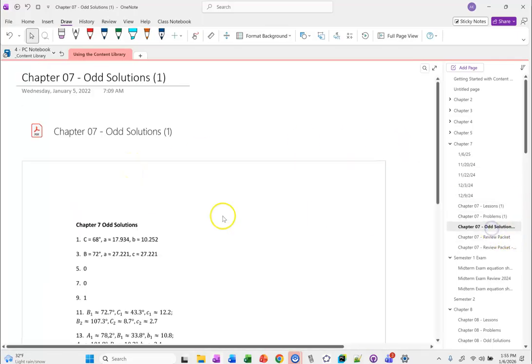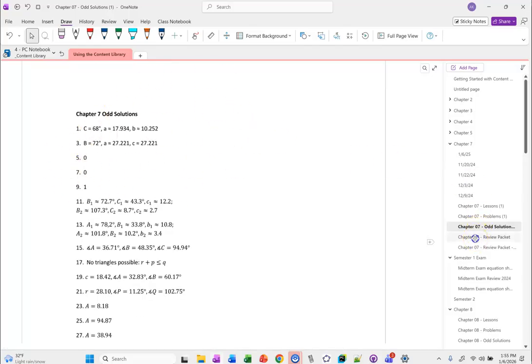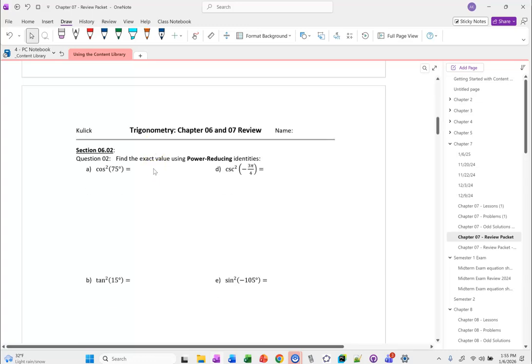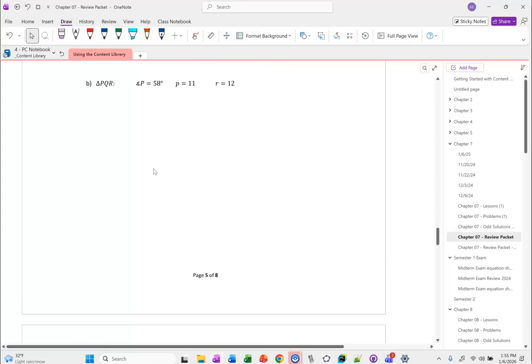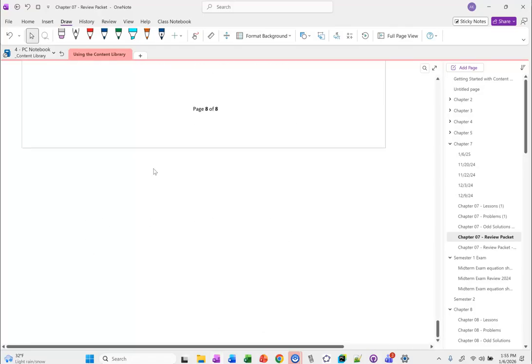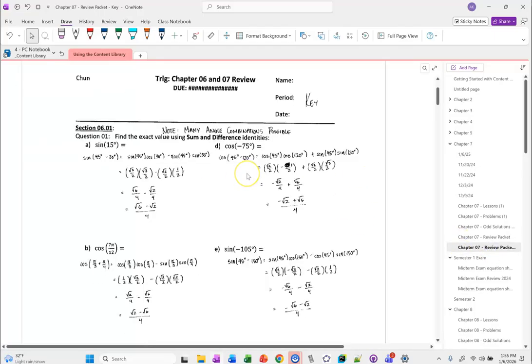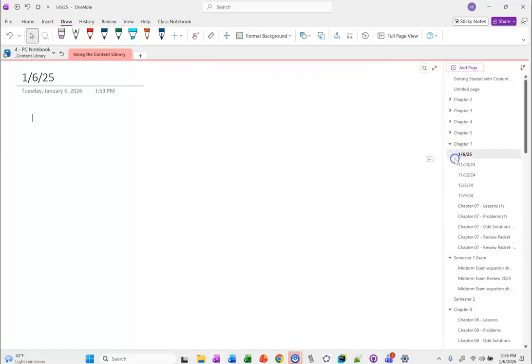There's a page with the odd solutions, the answers to the odd problems. There's the review pack, which will include the format of what the test will look like. There may be additions or deletions from that. These are old, and then a key for that. It's okay?